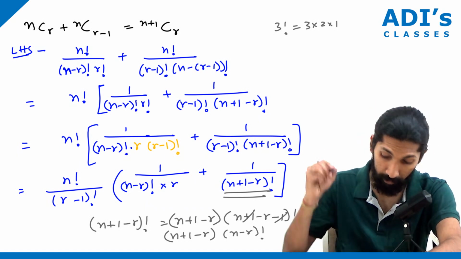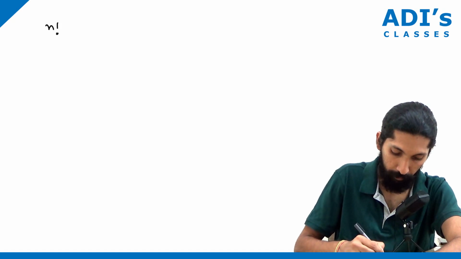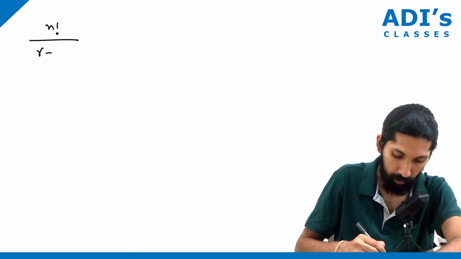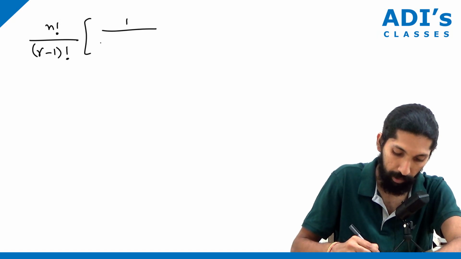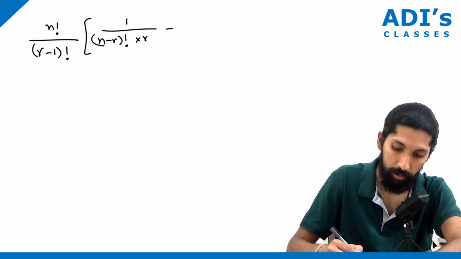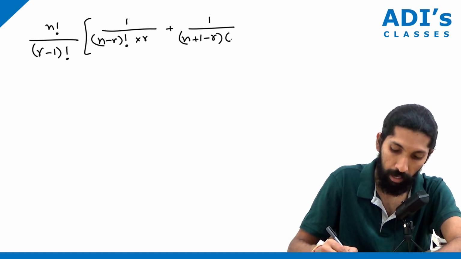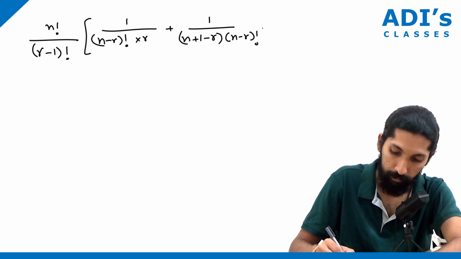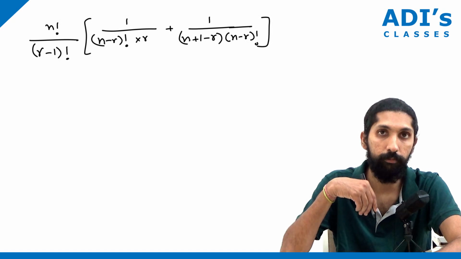So we'll write that here. Fair enough? n factorial divided by r minus 1 factorial into 1 by n minus r factorial into r plus 1 by n plus 1 minus r into n minus r factorial. Now we can take n minus r factorial common.